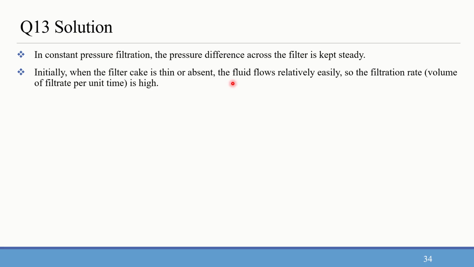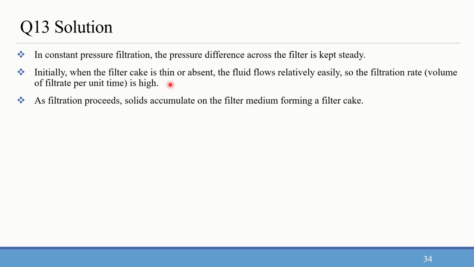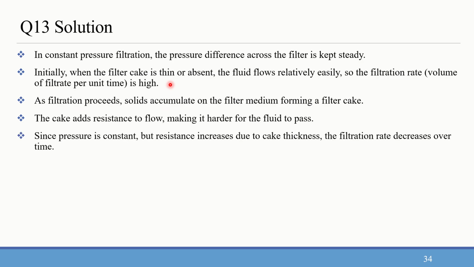Initially, when the filter cake is thin or absent, the fluid flows relatively easily, so the filtration rate is high. As the filtration proceeds, solids accumulate on the filter medium, forming a filter cake, and this cake adds resistance to the flow, making it harder for the fluid to pass. Since pressure is constant but resistance increases due to cake thickness, the filtration rate decreases over time. So that is what happens.